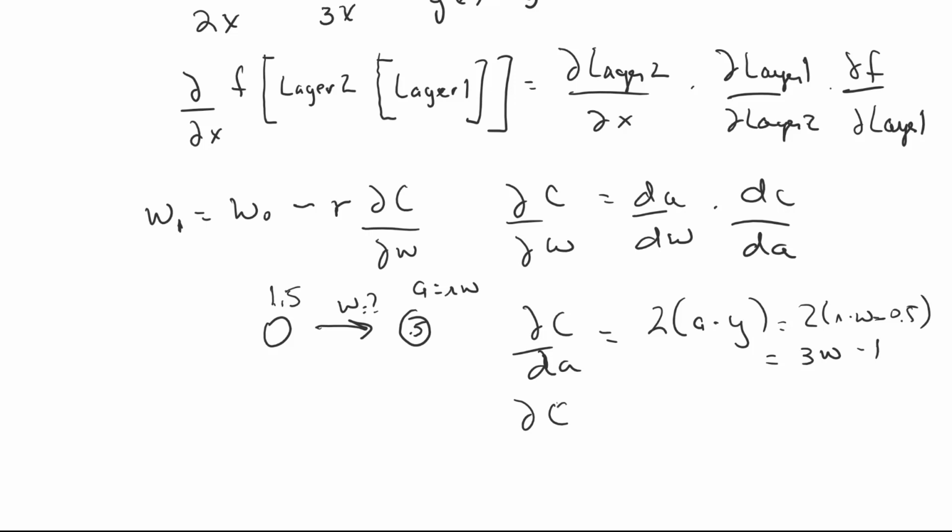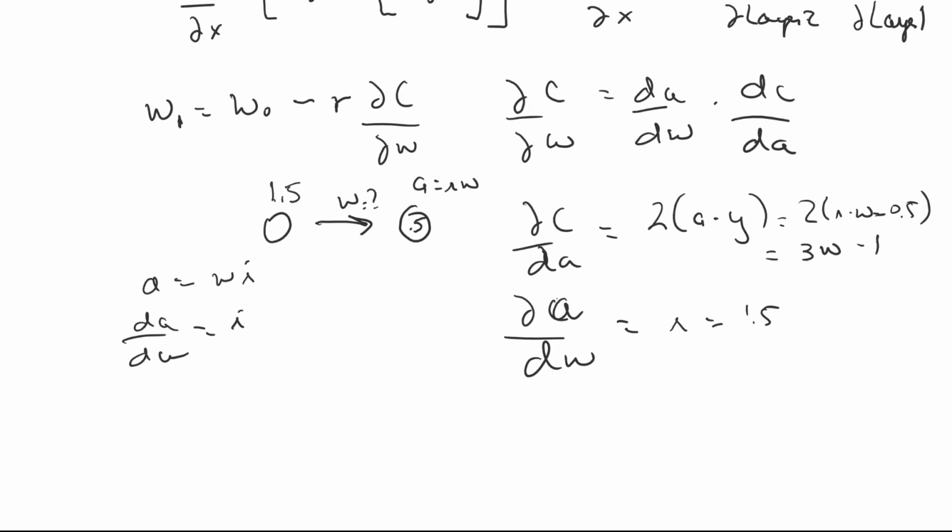If we take the derivative of A with respect to W, and we know that A is equal to WI, then dA dW is equal to I. So that is equal to 1.5.